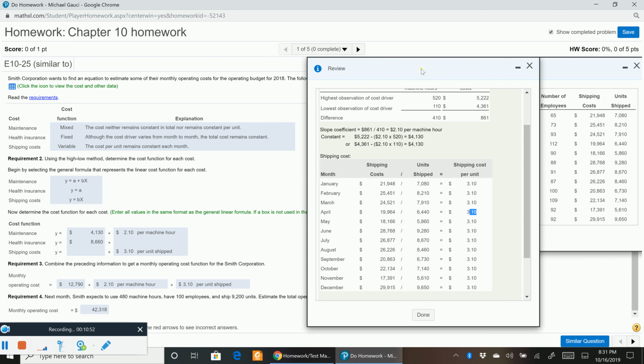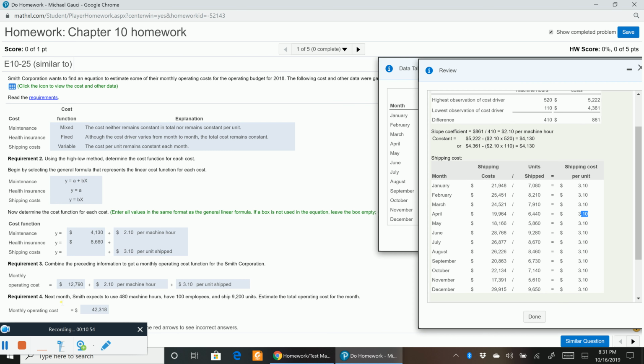And the last requirement, the author says, what if we have a month where we're budgeting for 480 machine hours, 100 employees, and 9,200 units shipped?